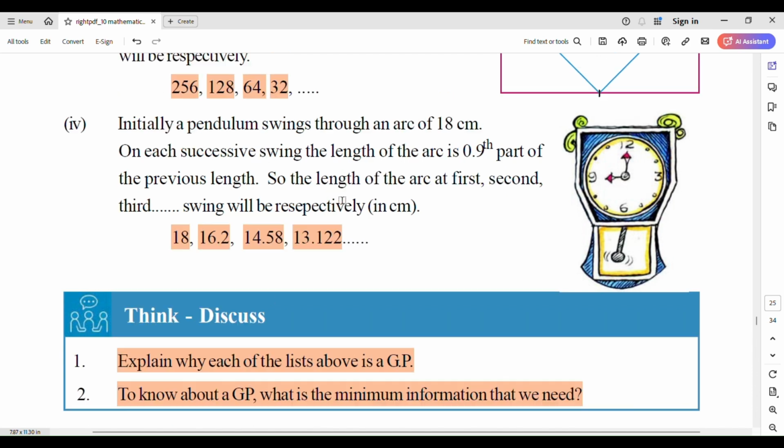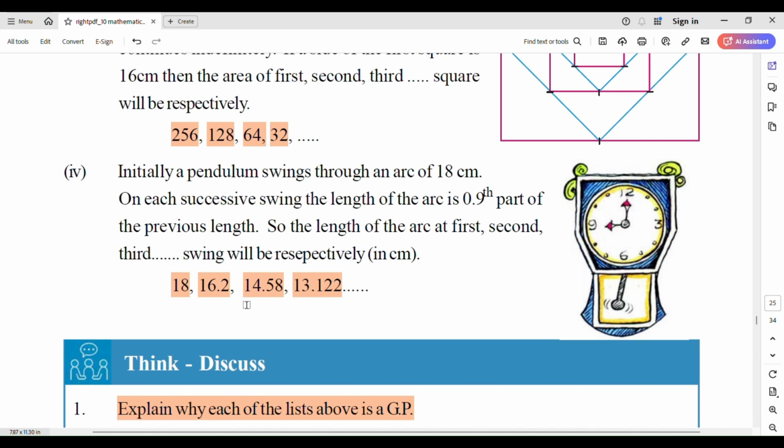If you see all these lists here, each one has an initial term which is not equal to 0, correct? And you have a common ratio of successive terms which is always constant, which is R. So there is a ratio which is not equal to 1, correct?